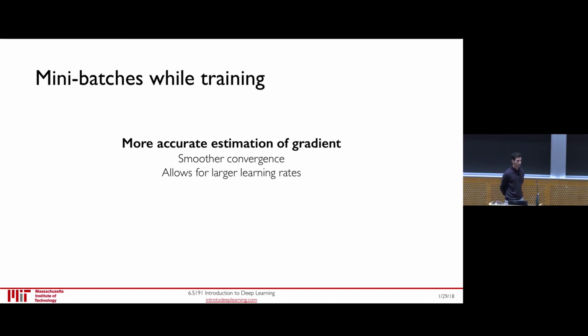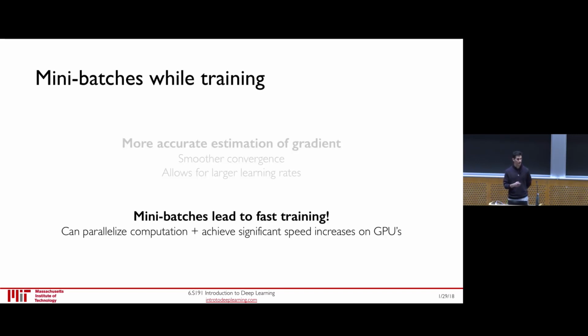Now, the more accurate our gradient estimation is, the easier it will be for us to converge to the solution faster. It means we'll converge smoother because we'll actually follow the true landscape that exists. It also means that we can increase our learning rate to trust each update more.